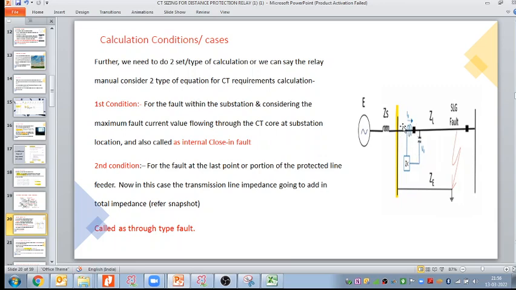So if the fault happens here, that is one case, and this is my outgoing transmission line, and this is my receiving end substation. Second case, the fault happens here, then this location we call the second condition, the remote end fault, or the through fault we can say.